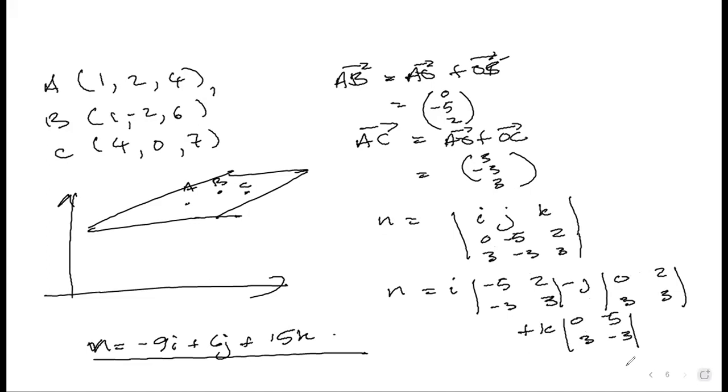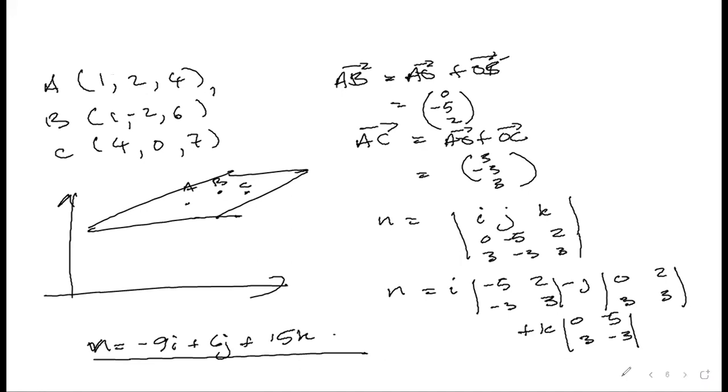Then I wrote the equation for AX. Sir, the J is supposed to be negative. The J is being multiplied, so it will be negative J times 0 minus 6.